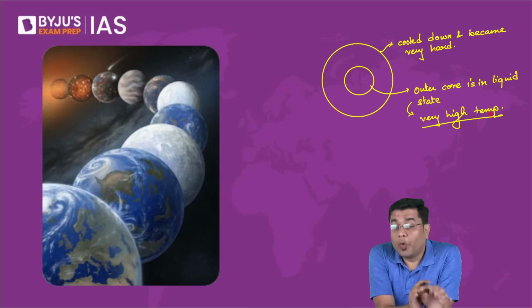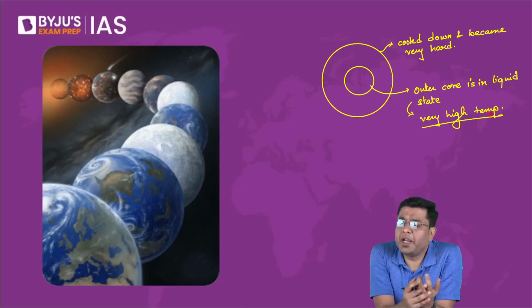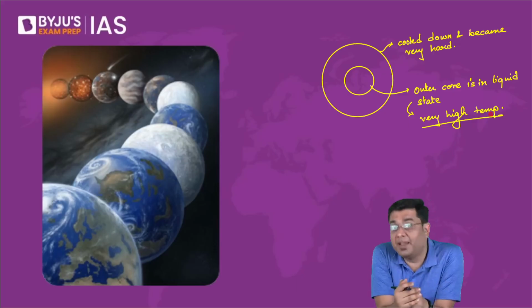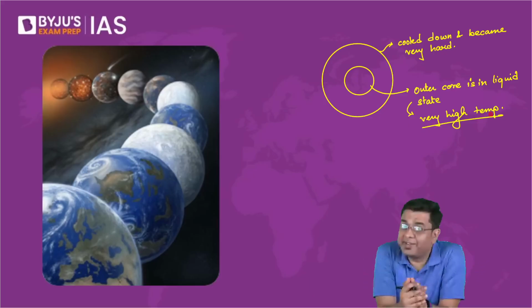So, while the outer portion started cooling down, the inner portion of the planet still retained that heat, just like the milk example that I gave you. Till today, various events that you observe, be it volcanic eruptions, be it the movement of the land masses creating various landforms such as the Himalayas themselves, the earthquakes which ravage various areas causing complete destruction and devastation, or in certain areas the land sinks.